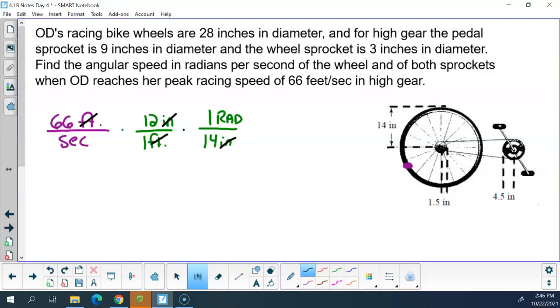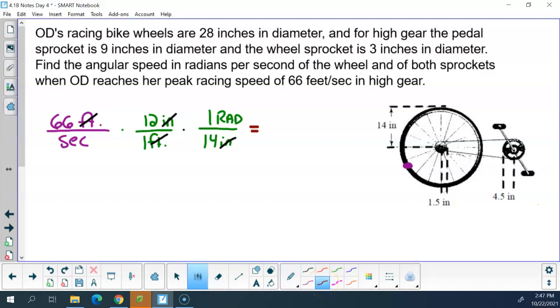The wheel, right? Angular speed of the wheel, correct? Yes, and of the small sprocket because they're on the same axle. So that is one of them that we're looking for.